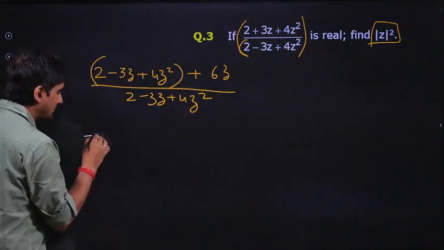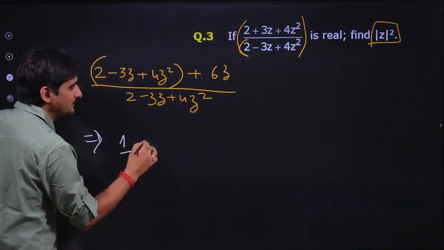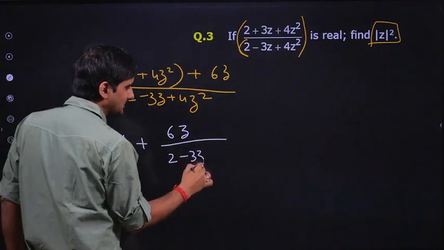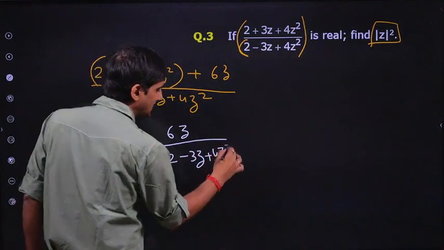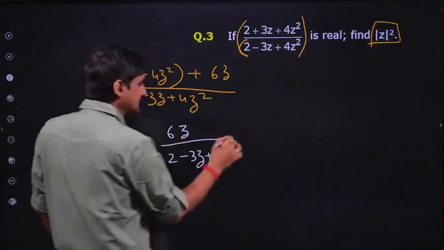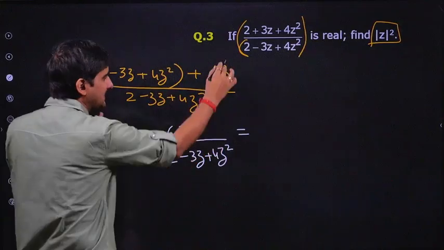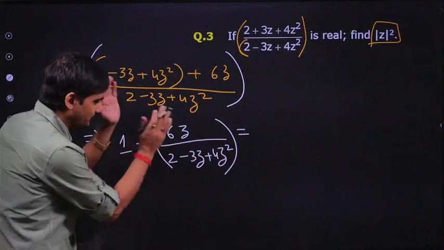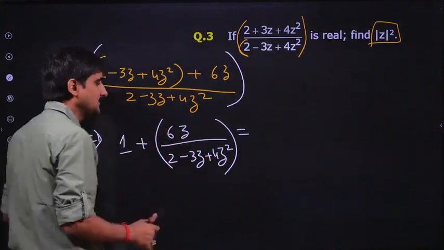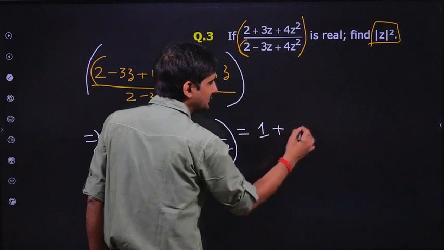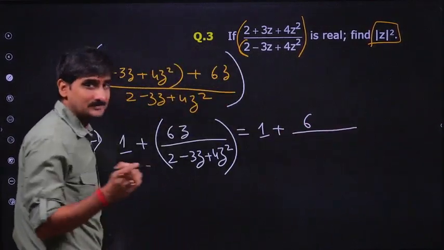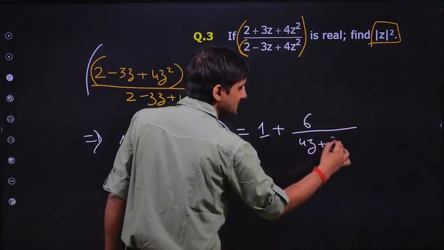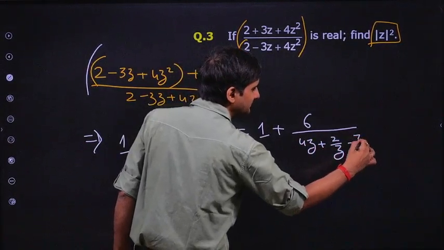Now of course we can write it as 1 plus 6z upon 2 minus 3z plus 4z square. Then I said, if this entire thing is real, so of course the 1 is real, this part has to be real. Further I said to divide both numerator and denominator by z here. So we will get 4z plus 2 by z minus 3.